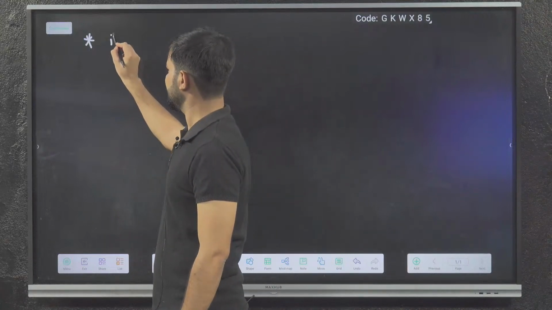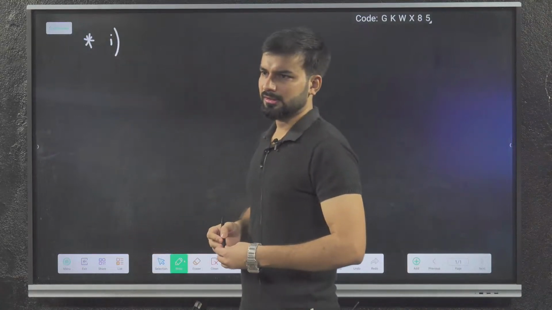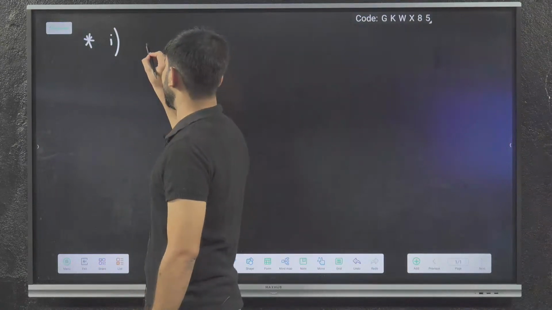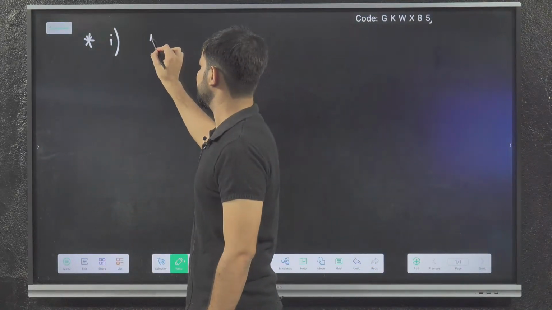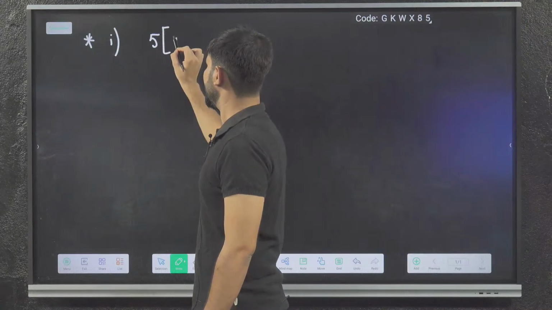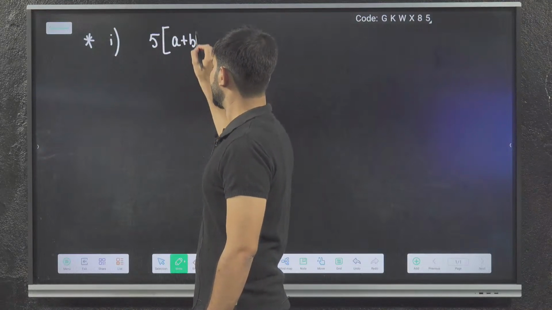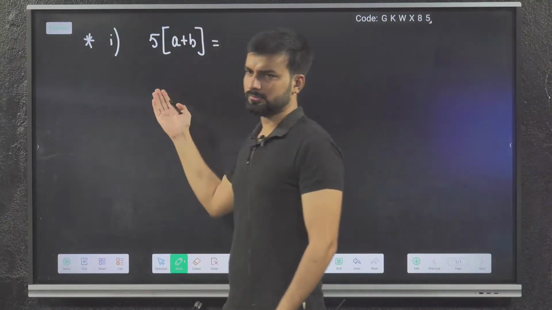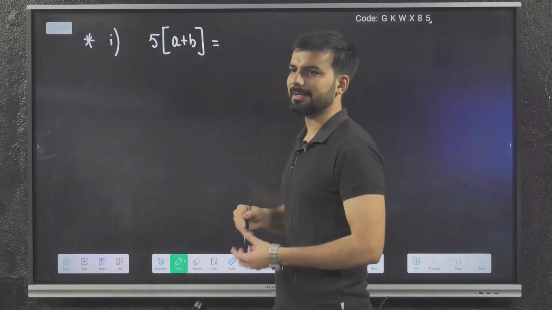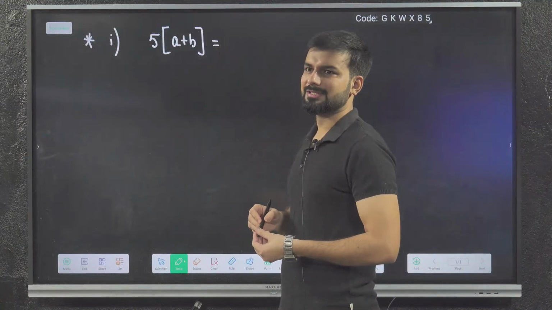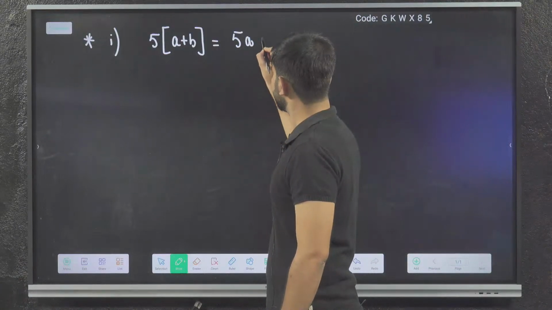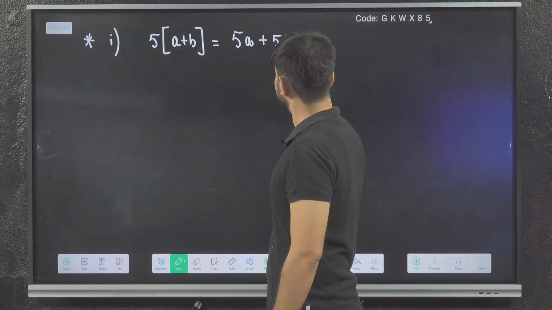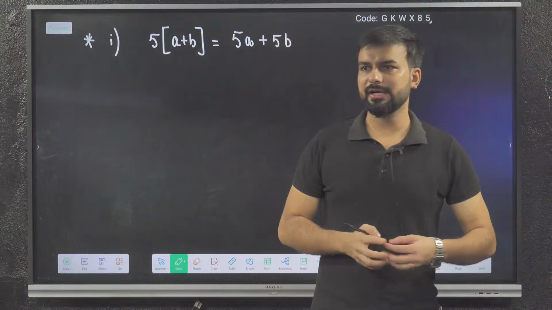For example, you have studied in your lower classes, if some number 5 into a plus b, if I'm multiplying this number to this, what happened? This 5 gets multiplied to both a as well as b, so it becomes 5a plus 5b, right?